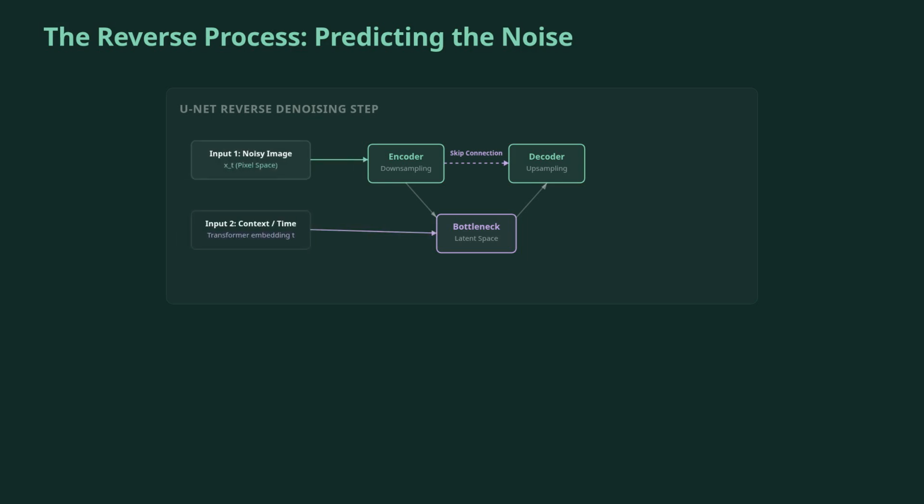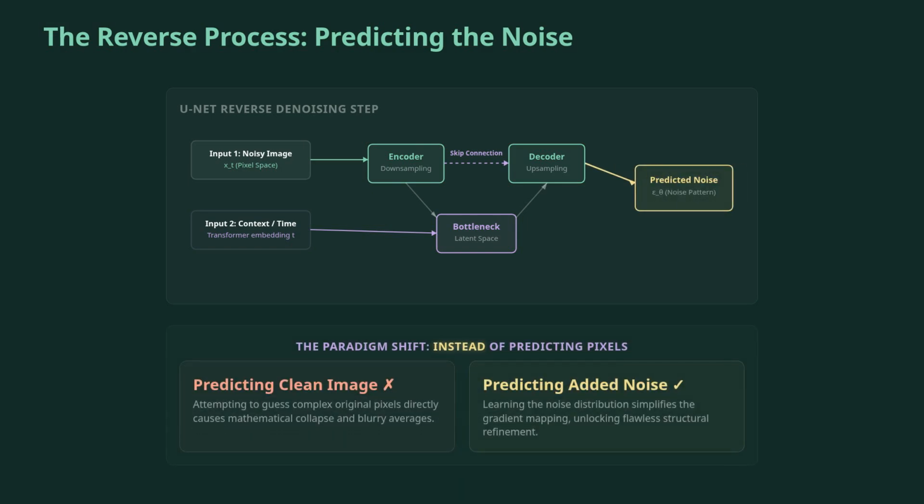The U-Net takes two inputs, the noisy image at step t and a scalar value representing the current time step t, which is encoded using sinusoidal positional embeddings similar to those found in transformer models. Instead of directly predicting the clean image, which is a highly nonlinear and difficult target, the U-Net is trained to predict the exact noise vector that was added to the image at that specific step.